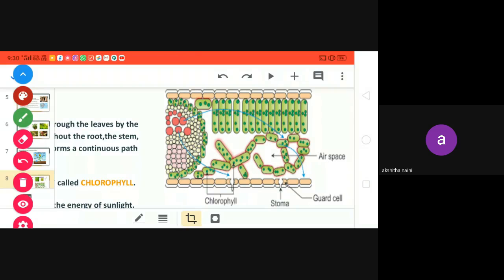Leaves contain a green color pigment called chlorophyll, right? Is it clear? And this is how the stomata looks, and those two are guard cells. Is it clear, children?